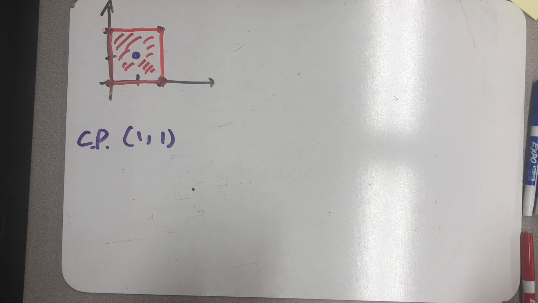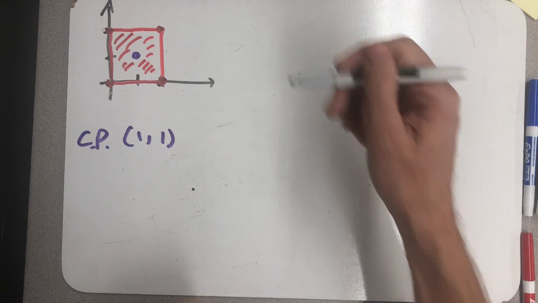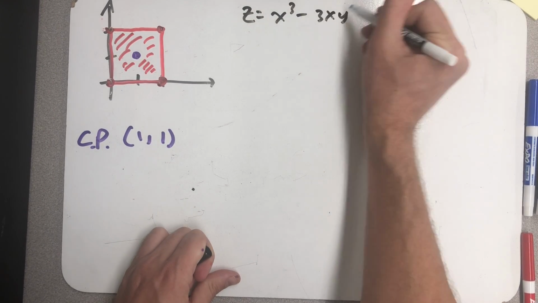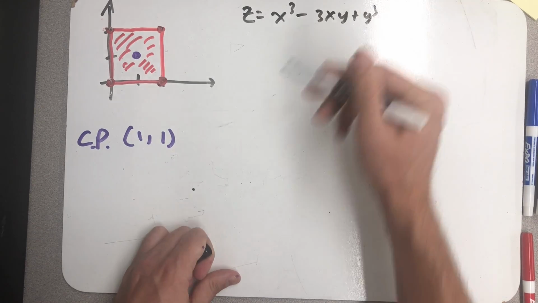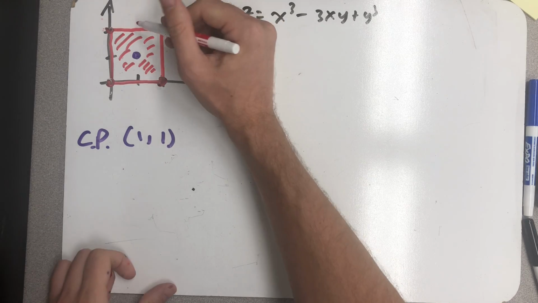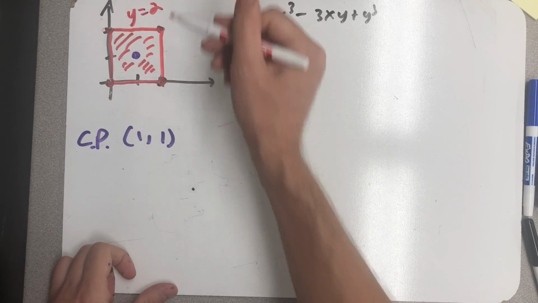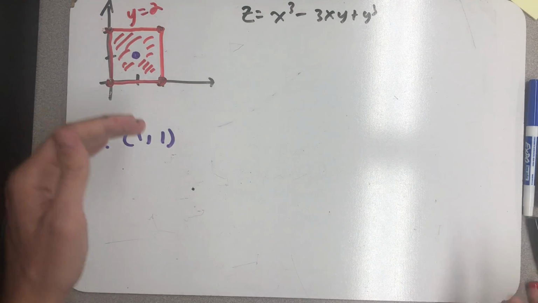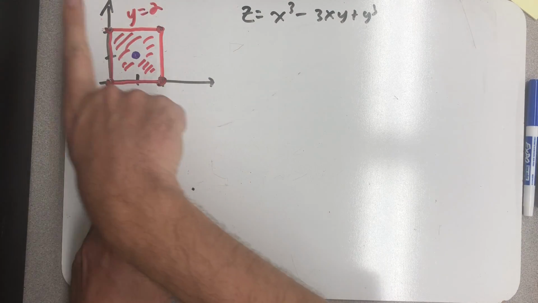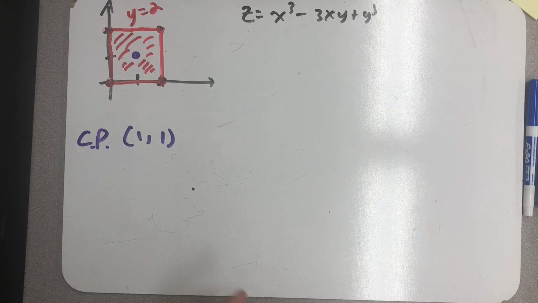The function is z equals x cubed minus 3xy plus y cubed. If I imagine looking at what happens just in the plane defined by y equals 2, I imagine that I can have this plane come out and it intersects the surface in a curve.